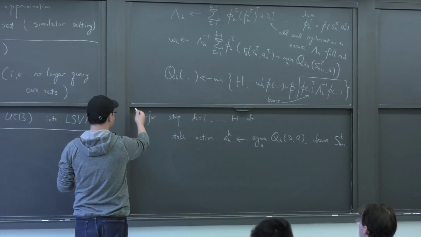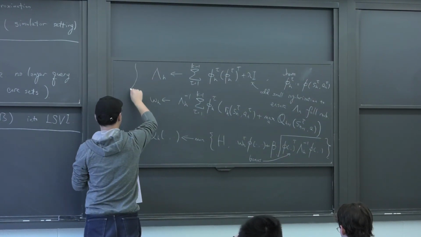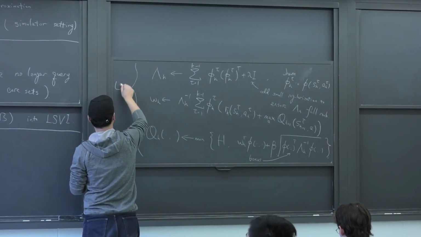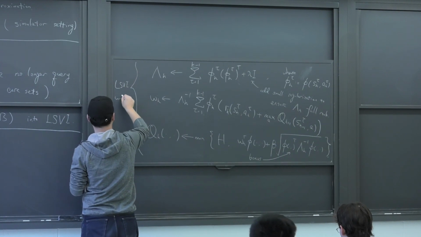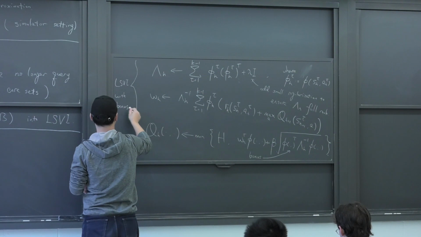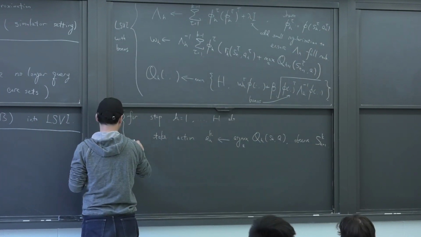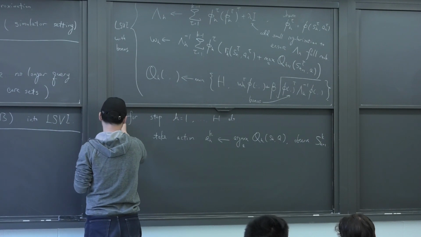So the overall algorithm has two parts. The first part is essentially this part, which is LSVI with bonus. And the second part is this, which executes a greedy policy.